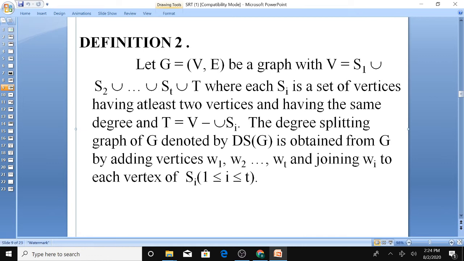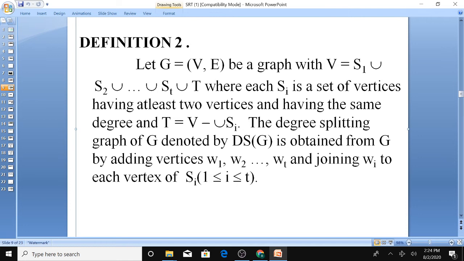Let G be a graph with vertex and edge set, and then let the vertex set V be S1 union S2 union S3 and so on union St union T, where each Si is a set of vertices having at least 2 vertices and having the same degree.